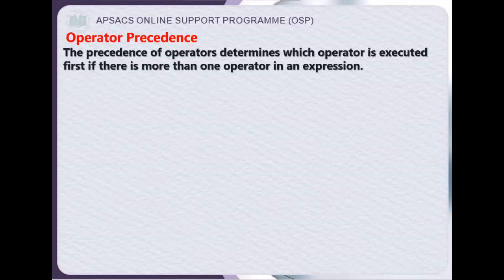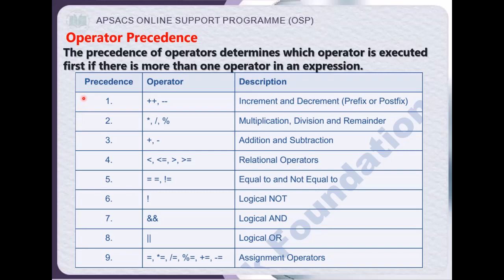The precedence of operators determines which operator is executed first if there is more than one operator in an expression. You can see the table of operator precedence on the screen.